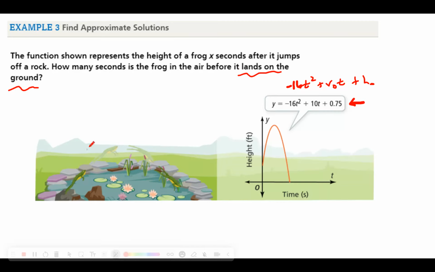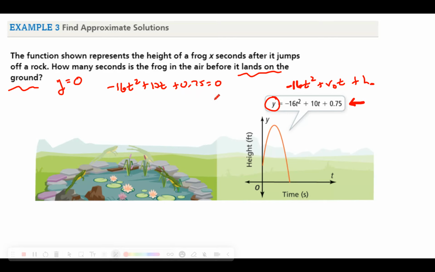When this frog lands on the ground, your height, or your y value in this case, is going to be 0. We are going to plug that in for that y right there. So now my equation will say negative 16t squared plus 10t plus 0.75 equals 0.